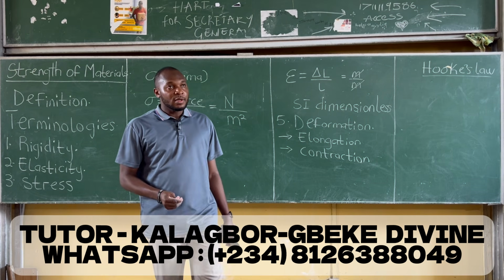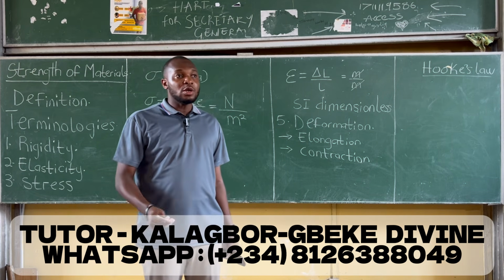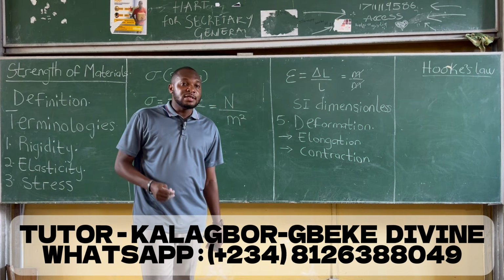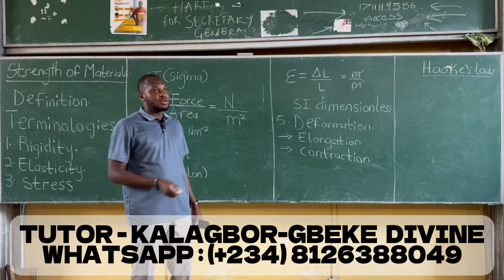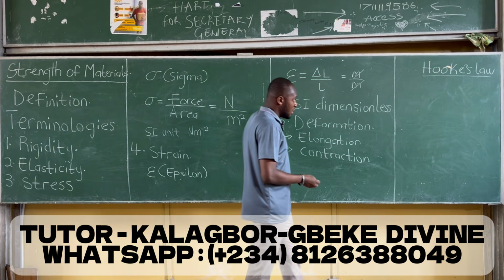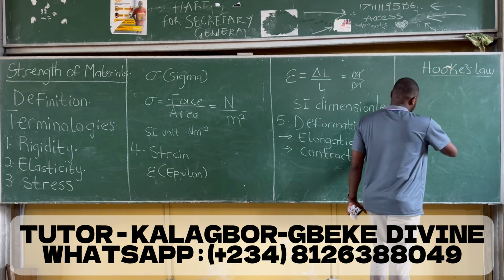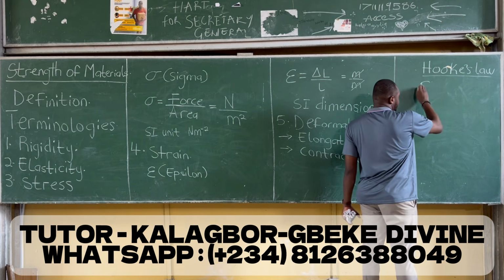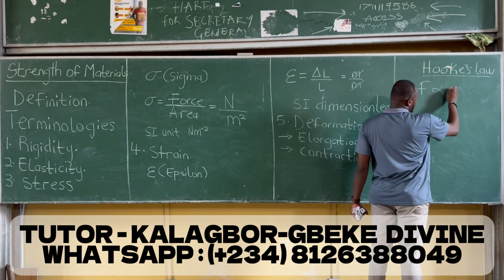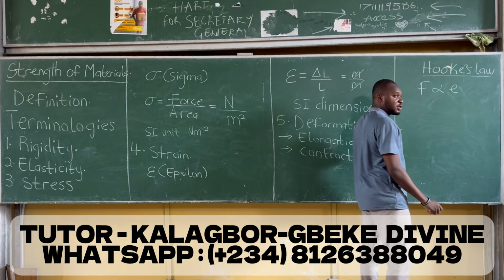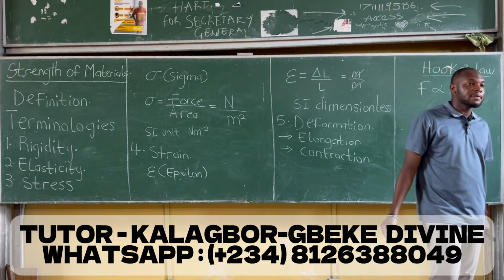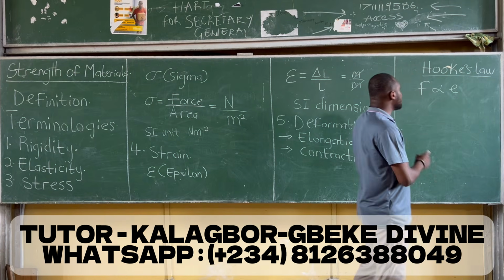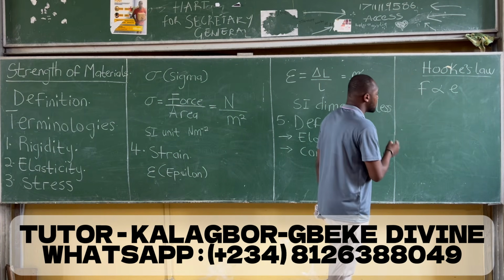Hooke's law says that the elongation of a material is directly proportional to the applied force. But mathematically, it is written as F is proportional to E, while in the definition it is the reverse. So this is in terms of force and extension.